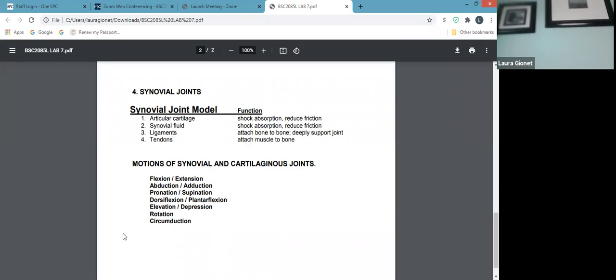Another example of rotation is C1 on C2, turning your head, looking right and left, or shaking your head no. And when you go from a supinated position to a pronated position with your arms extended out in front of you, if you do that with your right forearm and use your left forearm to feel what bones are moving at your elbow, your radius stays somewhat stationary, articulating with the humerus.